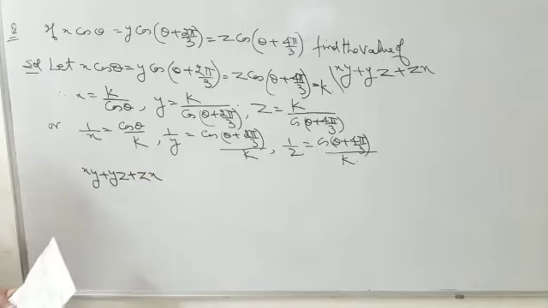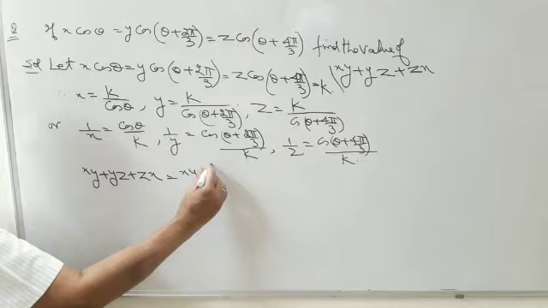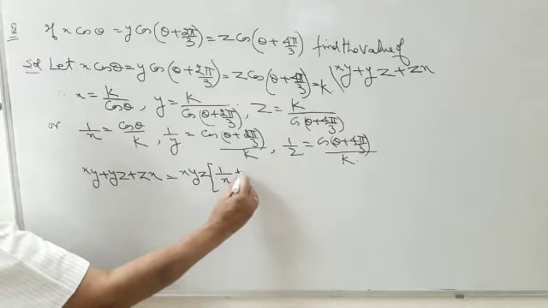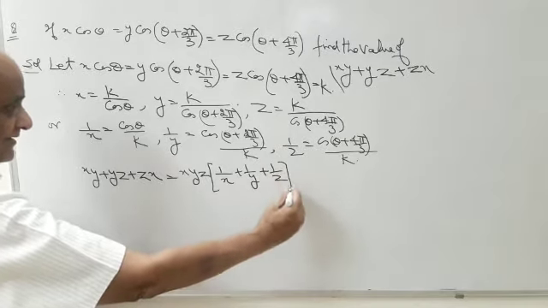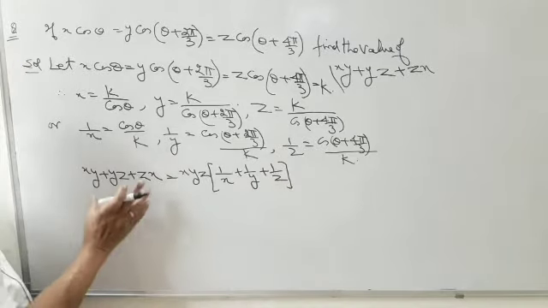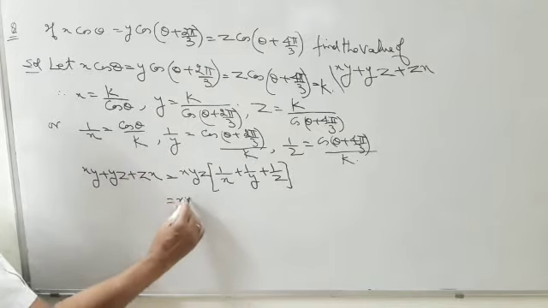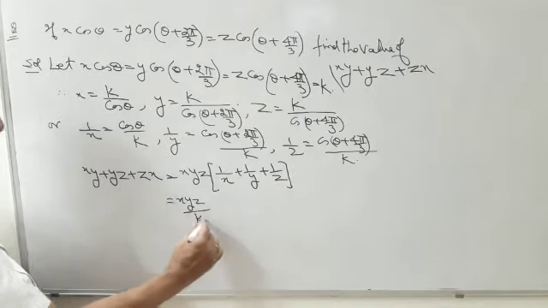Look, the question says evaluate xy plus yz plus zx. This can be written as xyz. You note the step. It is 1 upon x plus 1 upon y plus 1 upon z. That is, divide the numerator and denominator here with xyz and keep xyz outside, also k outside.